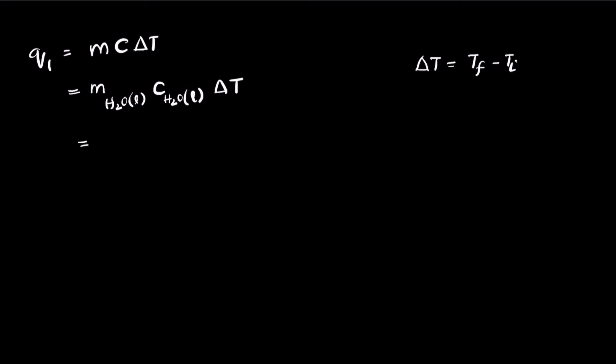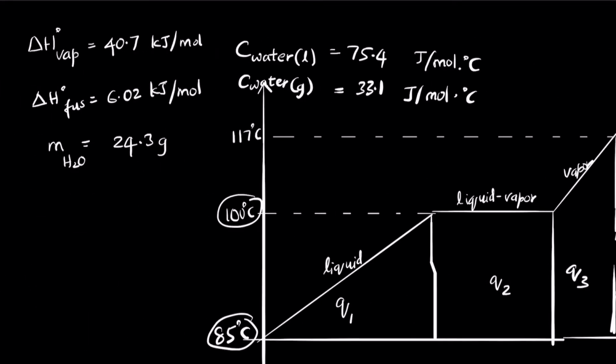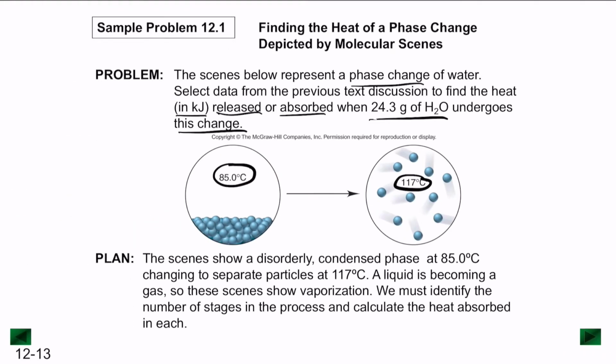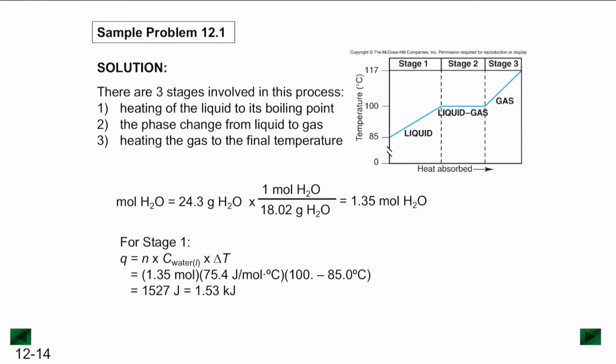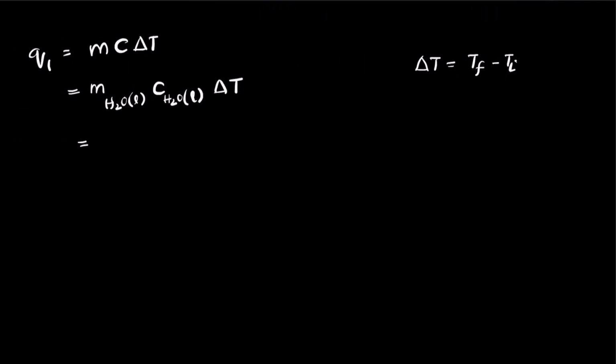So the mass of H2O here, how would you calculate the mass of H2O here? I'm sorry, here we need the number of moles of H2O, the amount N. So N of H2O, how do you calculate the number of moles of H2O?